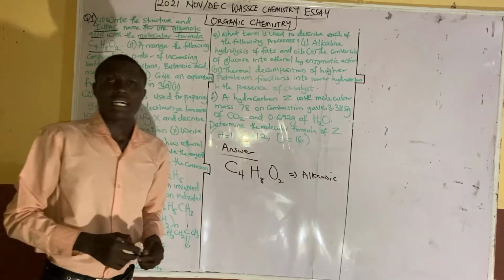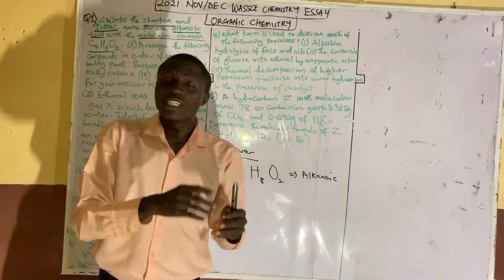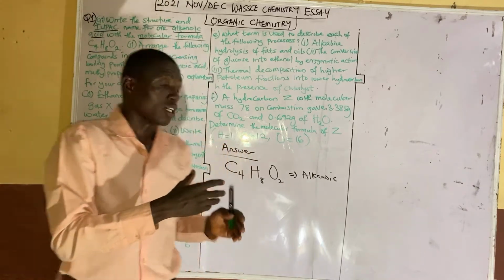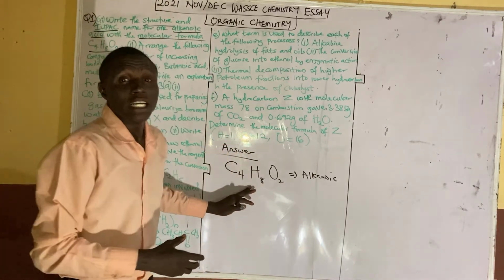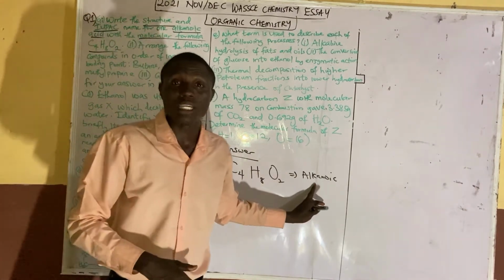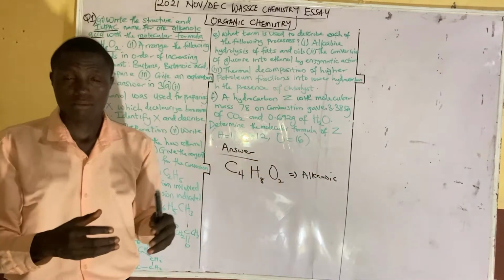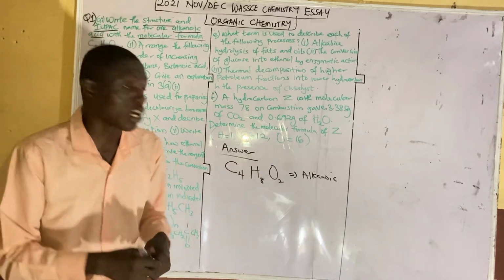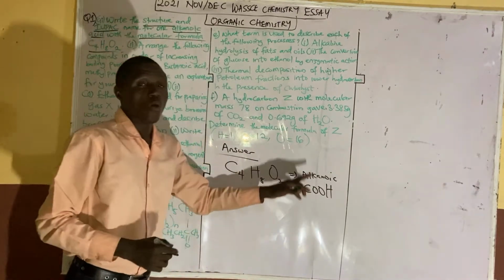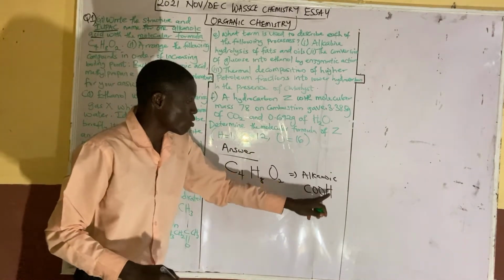Now you need to understand the functional group. You need to be able to identify the functional group in this compound, because the word alkanoic means that the compound has a functional group of COOH. So this is the functional group for alkanoic acid.